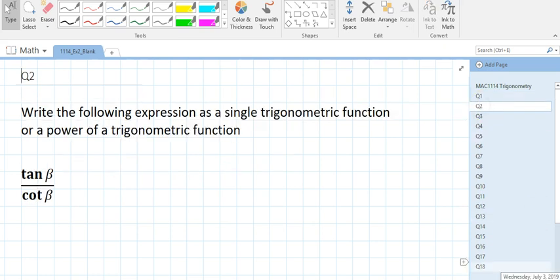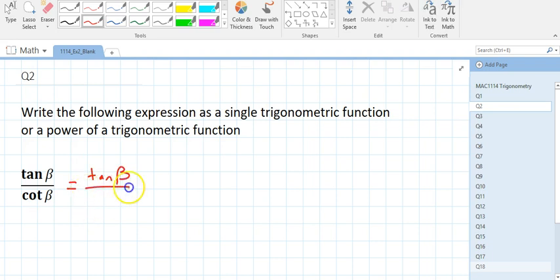Moving on. All right. So again, just another one of those questions. Again, single trig function, power of a trig function, or it comes out to be a constant number. So what can we do to this? Change cotangent to 1 over tangent. Absolutely.